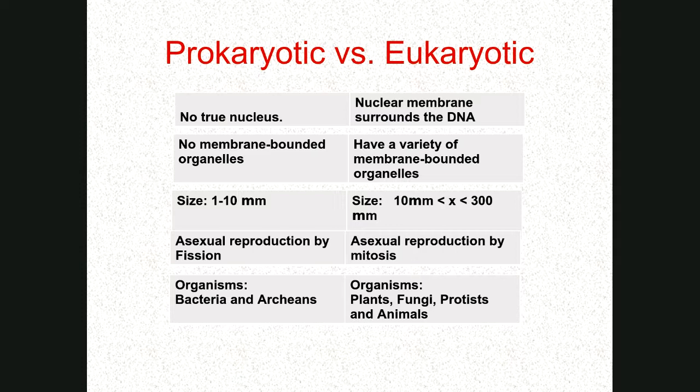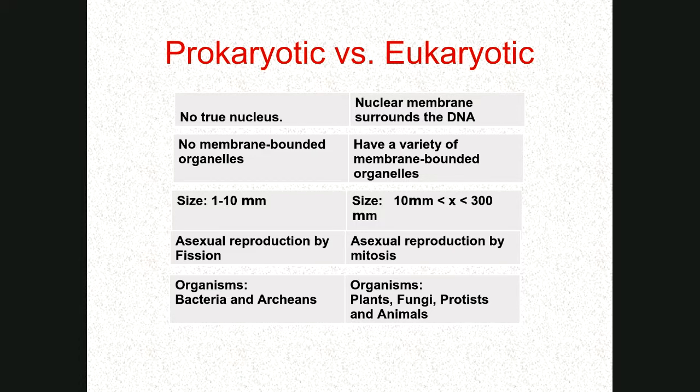Also, the other organelles of eukaryotic cells are membrane-bounded. They have a membrane around them. This is why they look like compartments. It's like imagine yourself in a classroom and each student has his own table. You are sitting at this table.